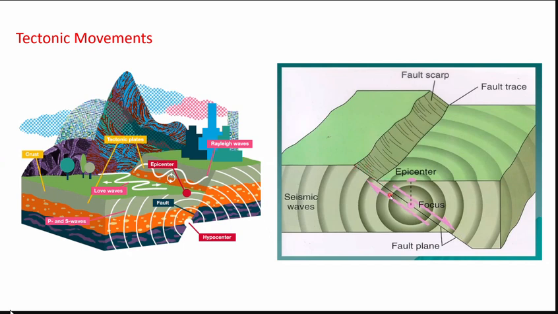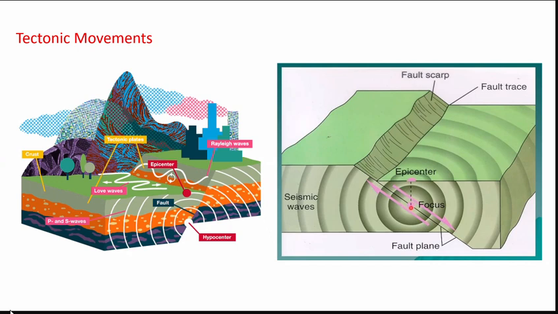Because of that extension, it's as if you are expanding something. Around the fault, there is an earthquake eruption here. The place, the focus of that eruption, is called the focus. This is also called the hypocenter, where it begins from.